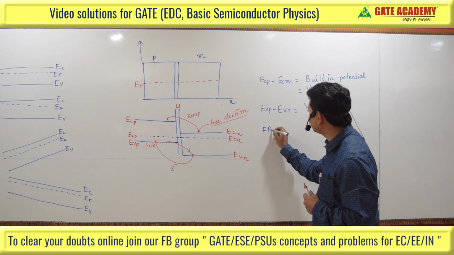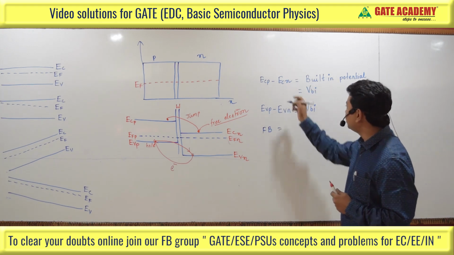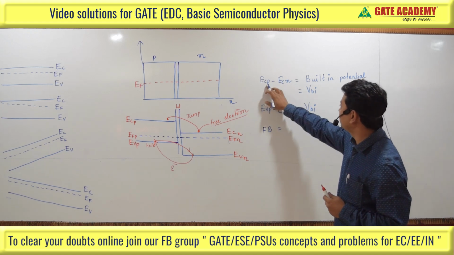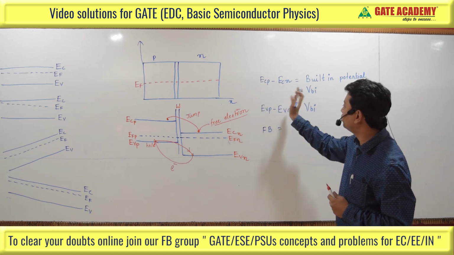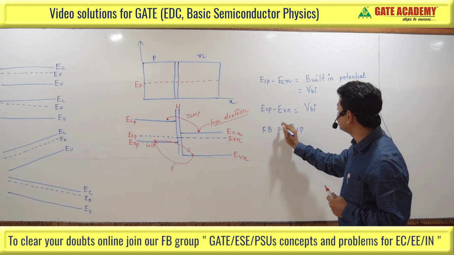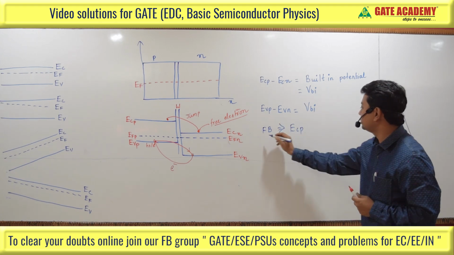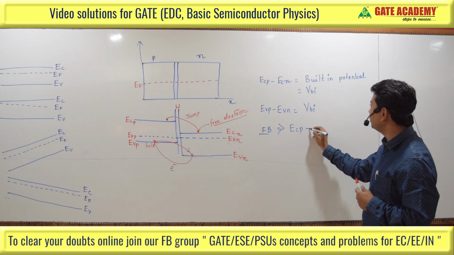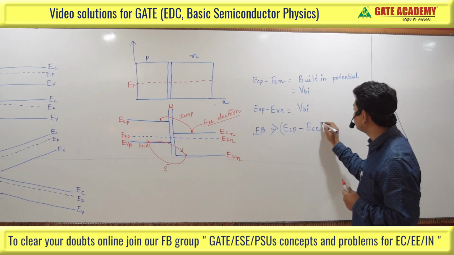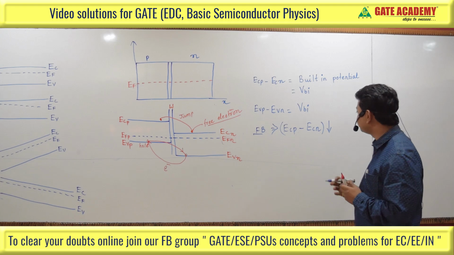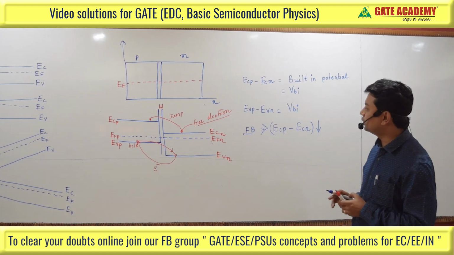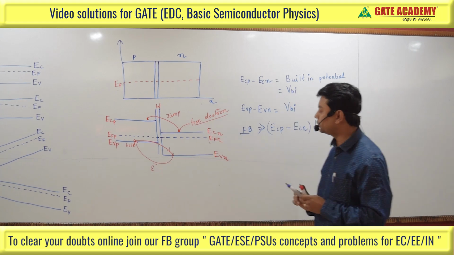For forward bias, FB, the difference between the conduction bands on both sides, ECP minus ECN, will be reduced, since because of forward bias the potential difference should reduce.